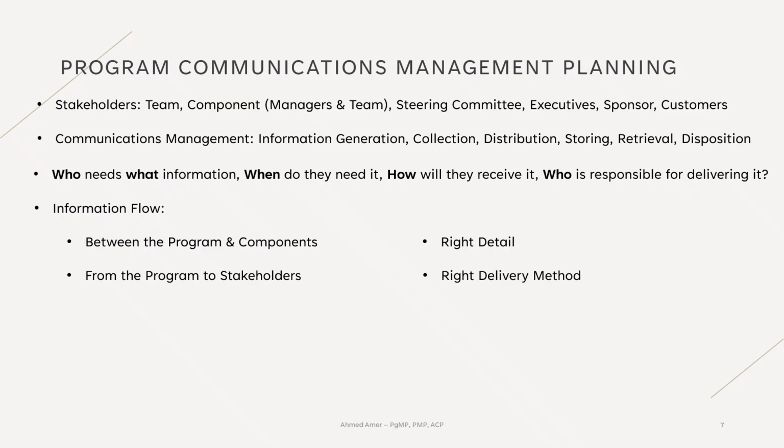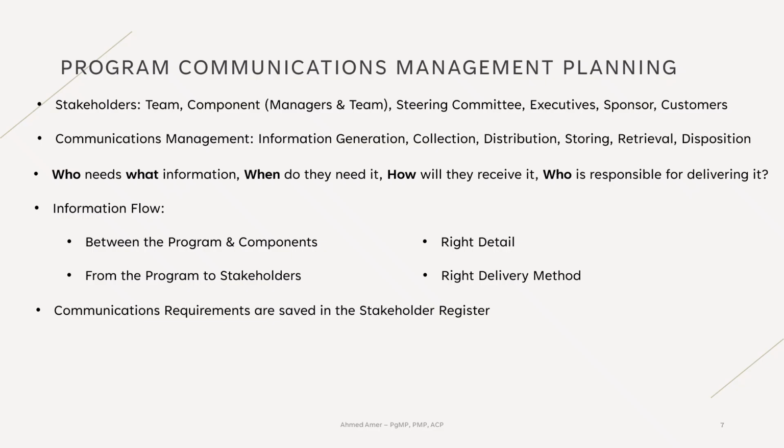Be mindful that if a specific stakeholder has unique communication needs, their requirements should be captured in the stakeholder register. It's expected that as the program progresses, new components get added and new stakeholders are identified. This means your communication plan can't be static. It needs to be updated.